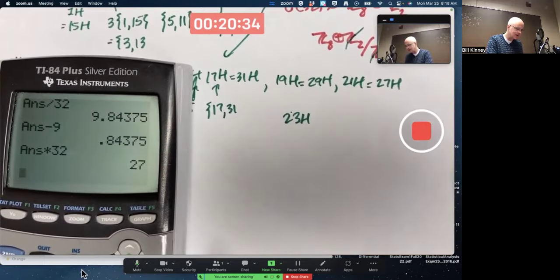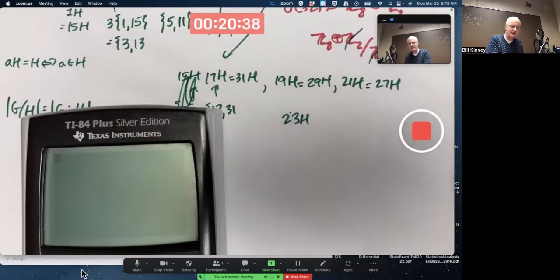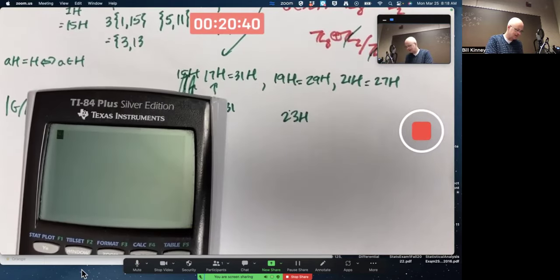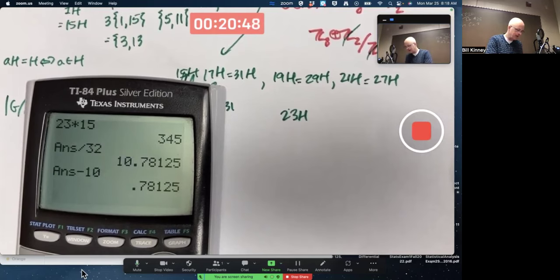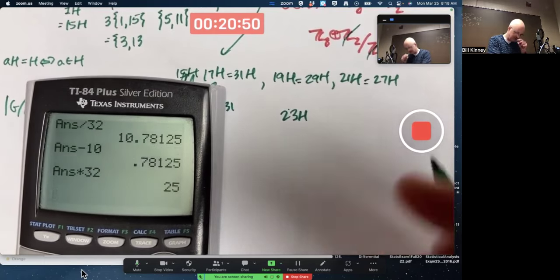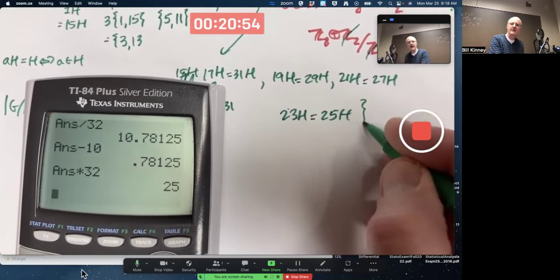23H. I think the only two numbers we have left are 23 and 25. 23 times 15. Divide by 32, subtract 10. Times 32, yes, is 25. 23H does equal 25H. Okay, kind of a pain.